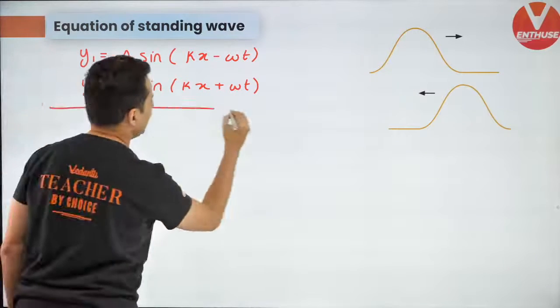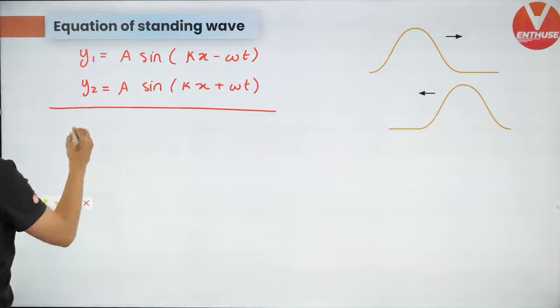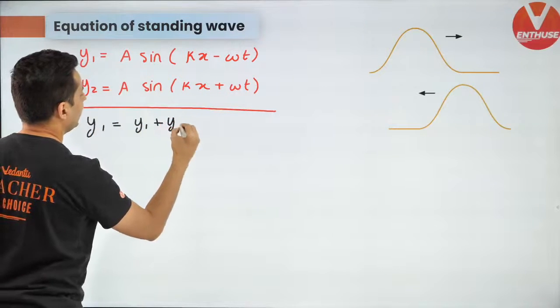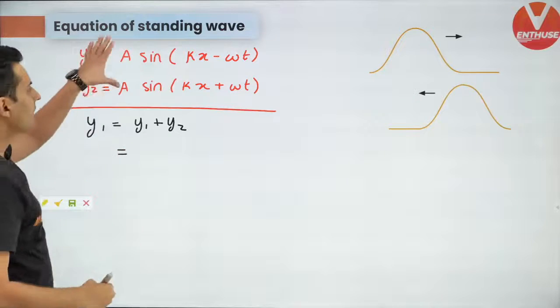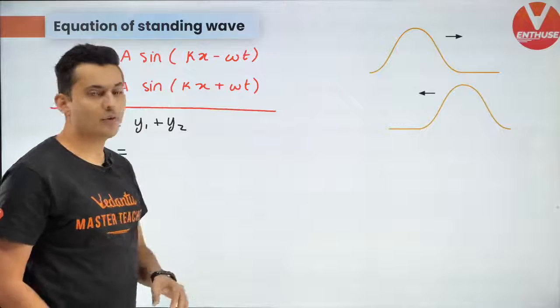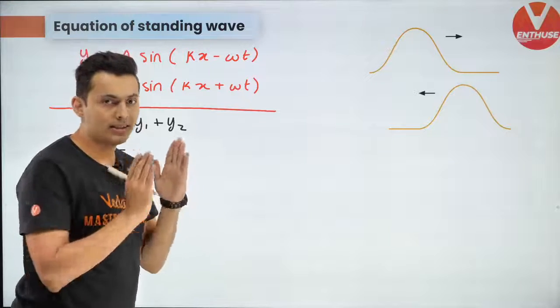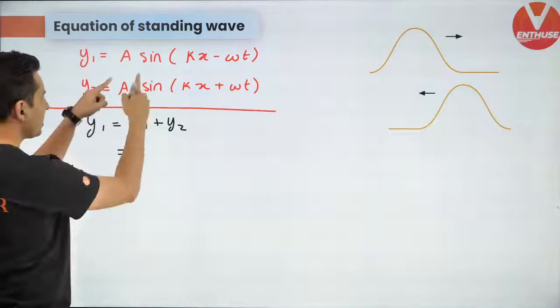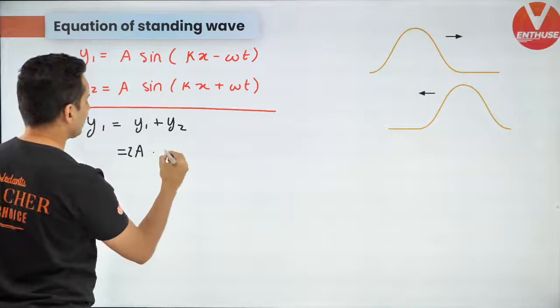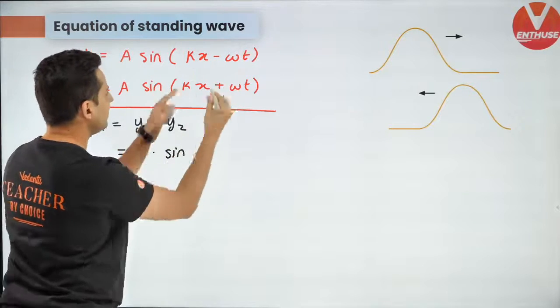Now, if I add both of them, what will I get? y is equal to y1 plus y2. If I add both of them, I can use the sin C plus sin D formula and see what the resultant wave equation is. So sin C plus sin D is 2 times sin of (C plus D) by 2.